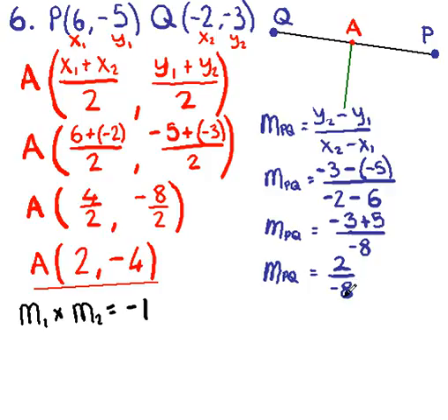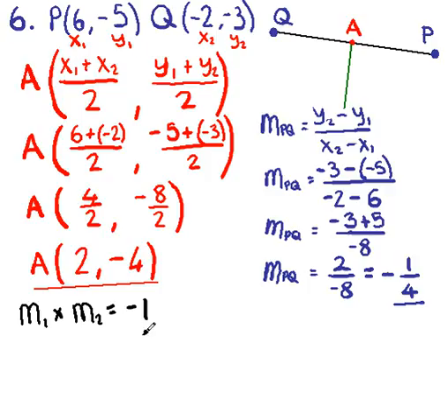So we can simplify: 2 over minus 8, which is minus a quarter. So the gradient of our line PQ is minus a quarter.